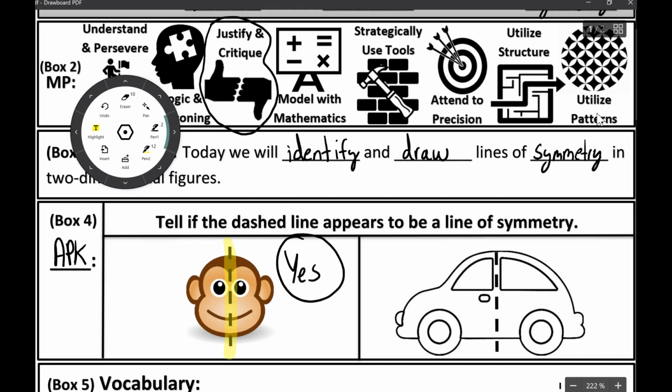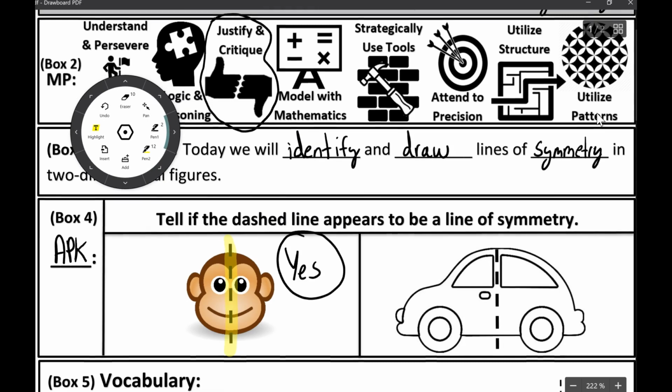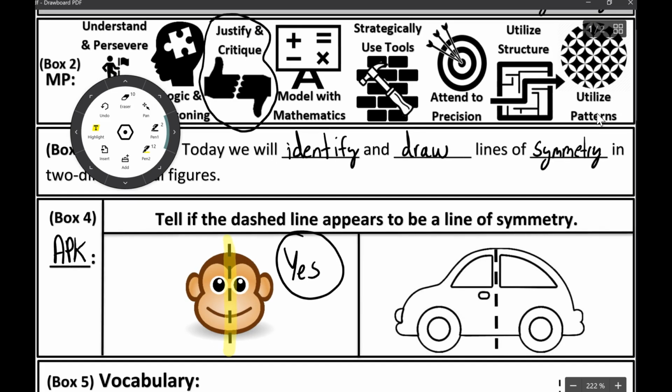And the reason is because when this line splits the monkey's face, it actually splits it into two equal shapes, two equal parts. Okay, so kind of keep that in mind. Going on into our next shape, well, let me just explain too for the monkey. We said yes because the shape has all of the same details on both sides. So you would have one eye, one part of the smile, one ear, but you would have that on both sides.